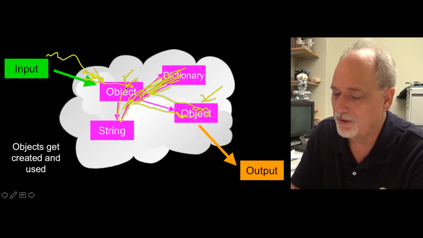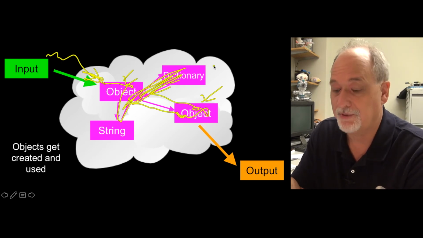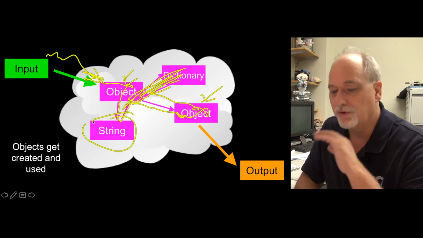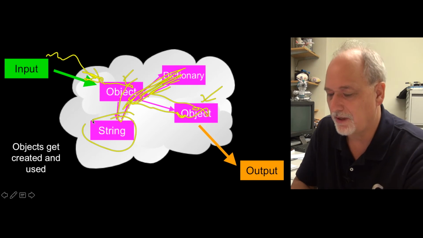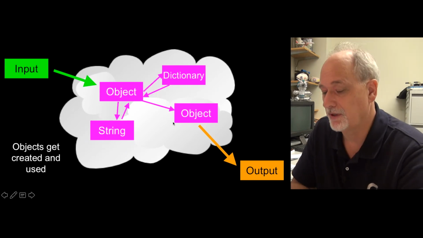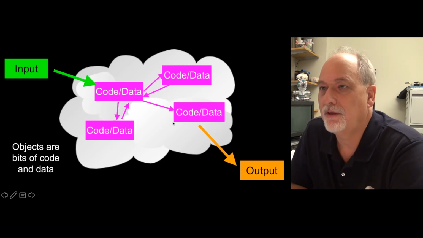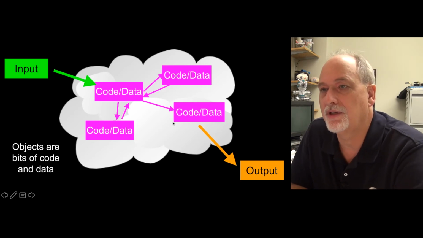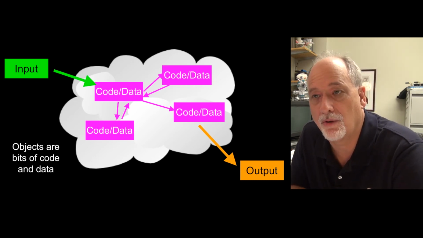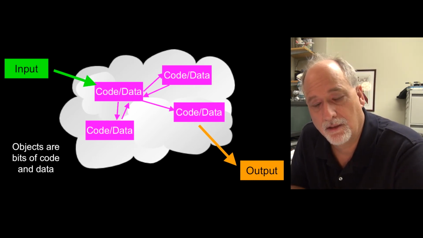And so you can think of data as moving between these objects. Even strings in the first lecture, first week, we were using objects, and we've been using them all along. You can think of every string and every dictionary as a little program all by itself that has a bit of code and a bit of data.